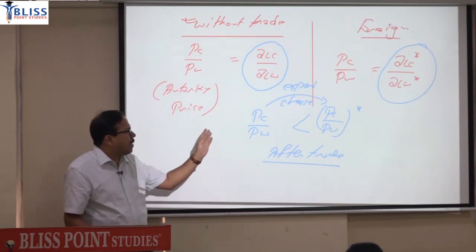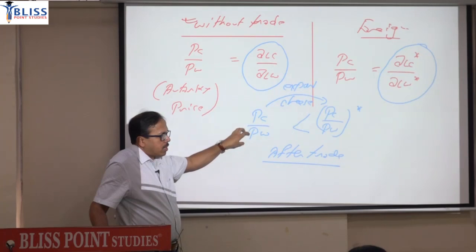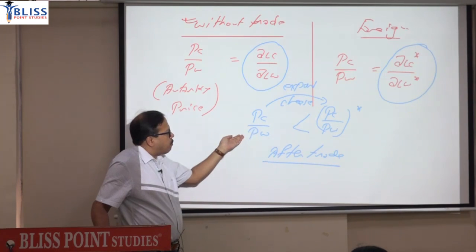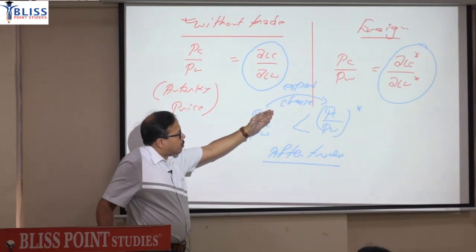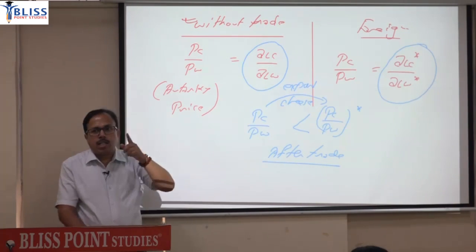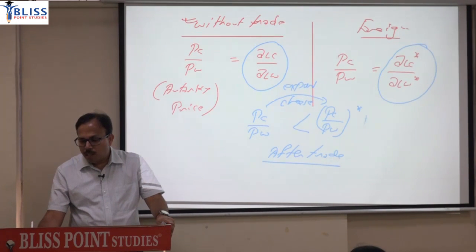But as home country exports cheese, supply of cheese in home country will get reduced and price of cheese will start rising. As home country exports cheese, supply of cheese in foreign country will increase, so price of cheese in foreign country will start declining.